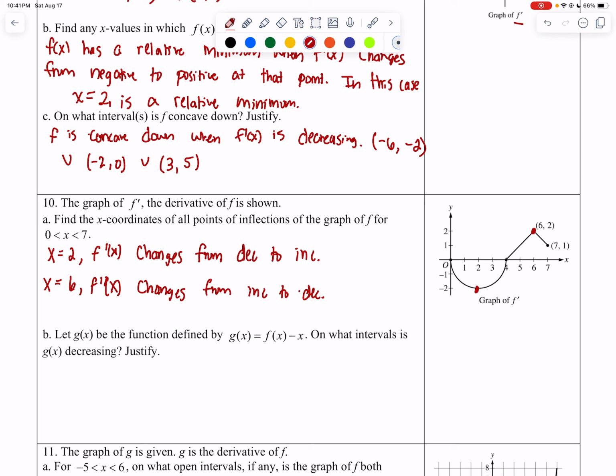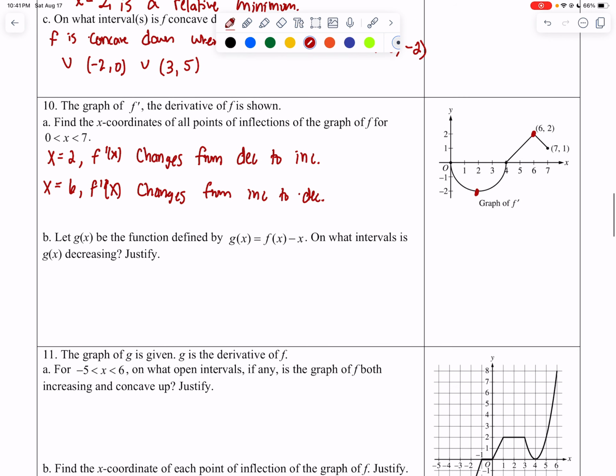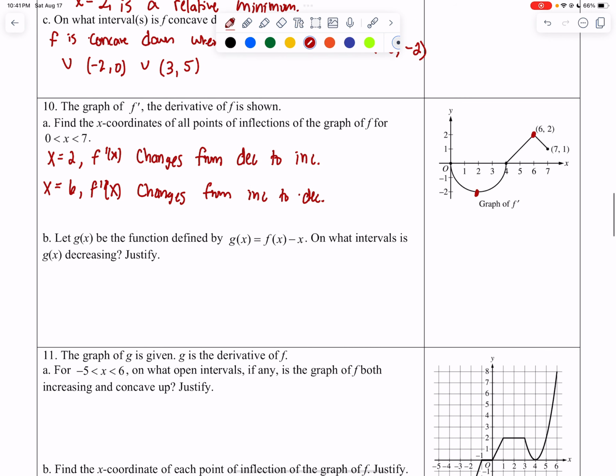Obviously, on the AP exam, I would encourage you to write out the full word decreasing and the full word increasing, just so that the AP graders know that you actually mean decreasing and increasing. But I did that just at the same time. But don't do that on a test, and don't do that on the AP exam.